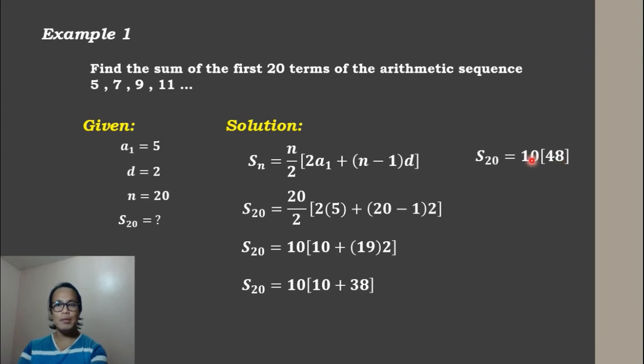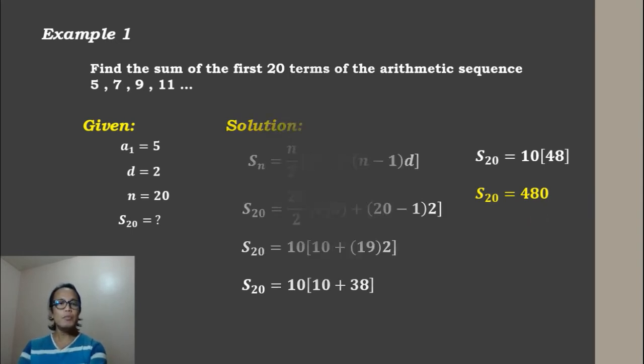Then 48 times 10 will give us 480. So therefore, the sum of the first 20 terms of this given sequence is 480. That is 5 plus 7 plus 9 plus 11 plus 13 plus 15 and so on until the 20th term will give us 480.